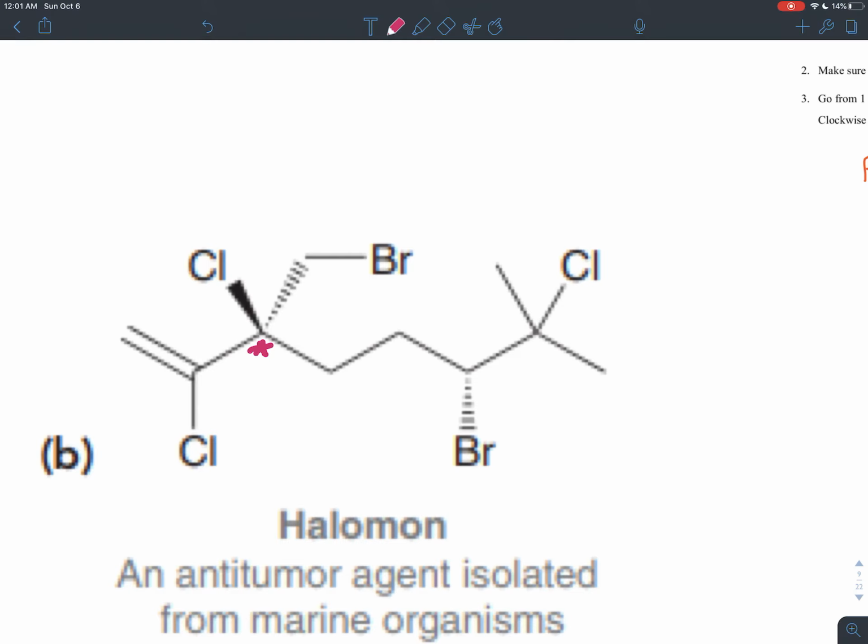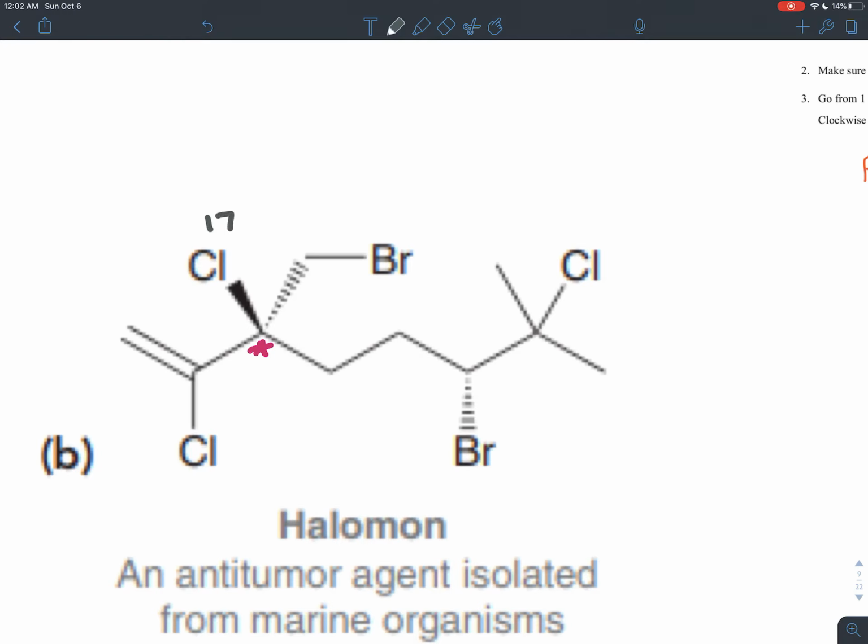Is this the left-handed version or the right-handed version? So the first thing to do is to assign priorities based on atomic number. Now, the atomic number for chlorine is 17.